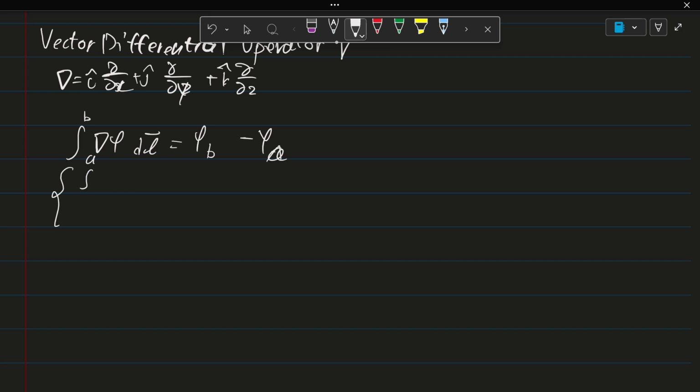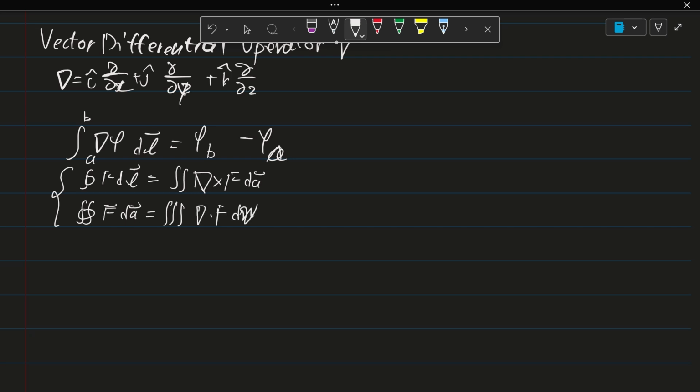So it's the closed integral of F dL is the same thing as the surface integral of the curl. And for the closed surface integral, F vector dA vector is the same thing as the volume integral of the divergence of the vector field.